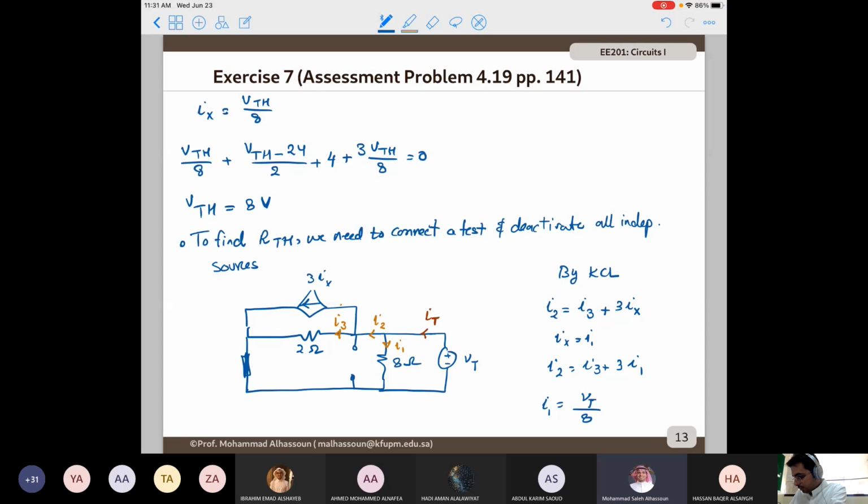What is I3 here? What do you think? Any suggestion?